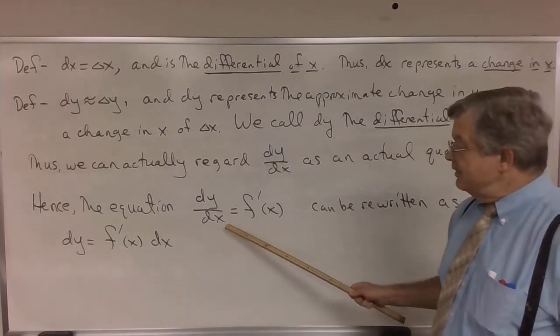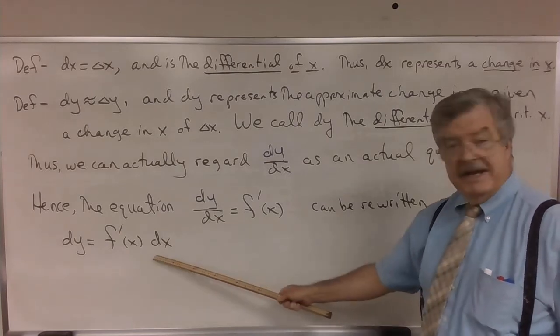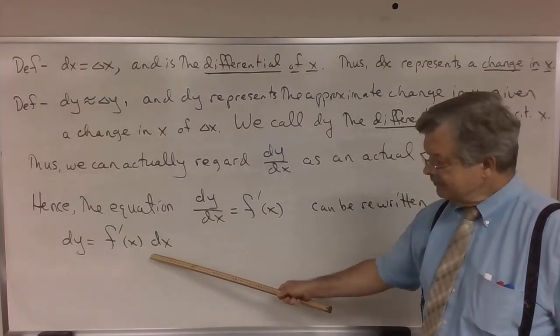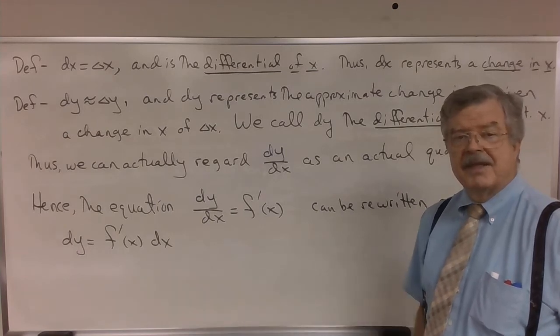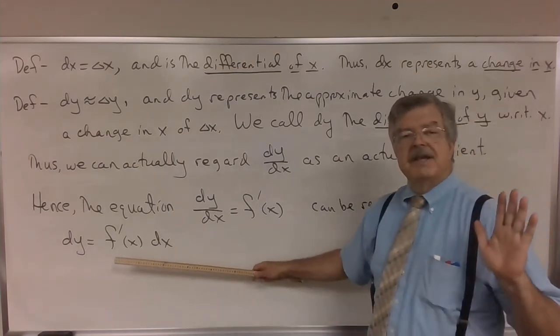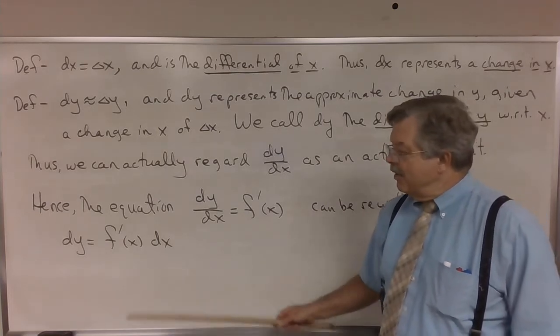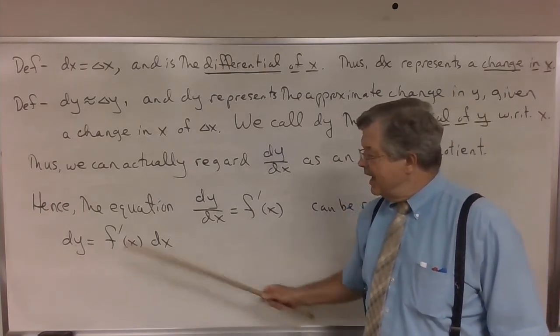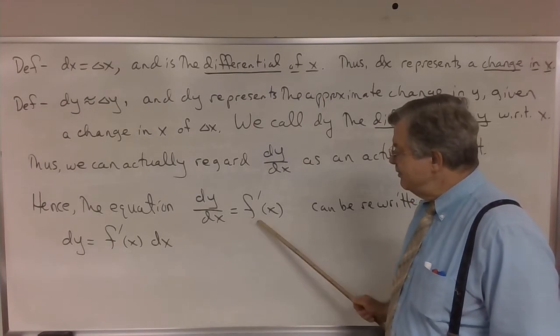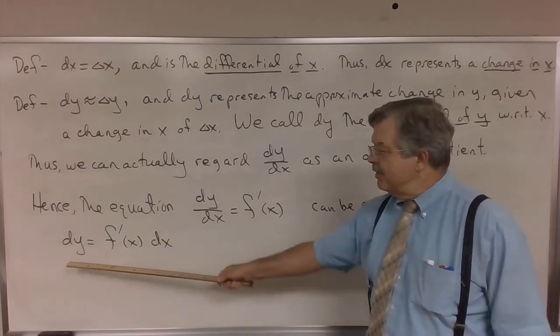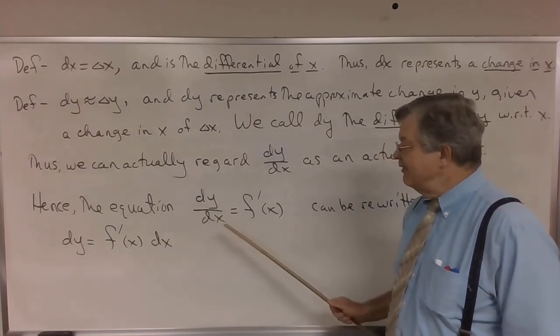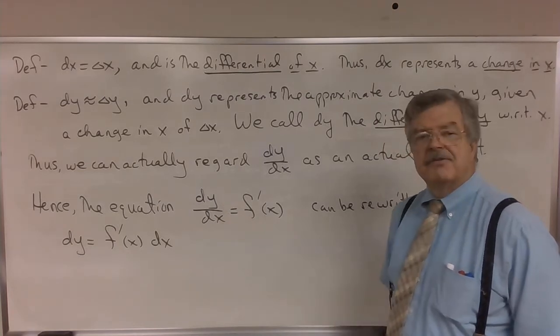It looks like we just multiplied both sides by dx. And that's what we did. And this is strictly a computational move. Our goal was to compute dy, and we took this equation and multiplied both sides by dx, viewing dy dx as a formal quotient.